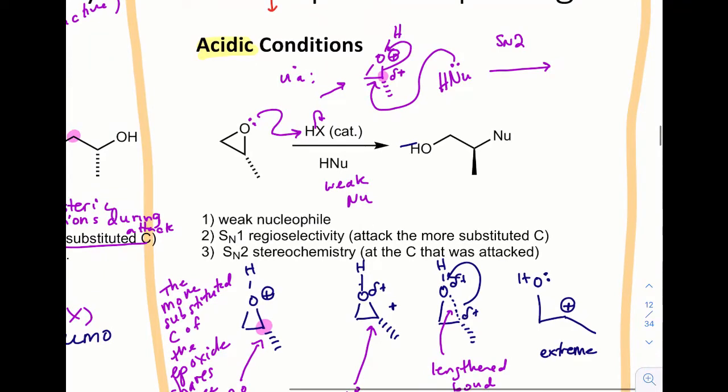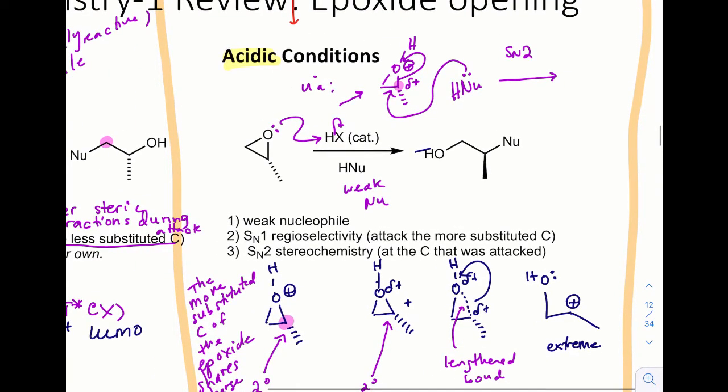The weird thing is that it's happening at the more substituted carbon, and that's because under acidic conditions, there's that buildup of positive charge at that more substituted carbon. The nucleophile, the weak nucleophile, is attracted to that buildup of positive charge, and so it attacks the more substituted carbon. So weird SN2 just means this attack at the more substituted carbon. And again, that has to do with electrostatics, with buildup of positive charge.